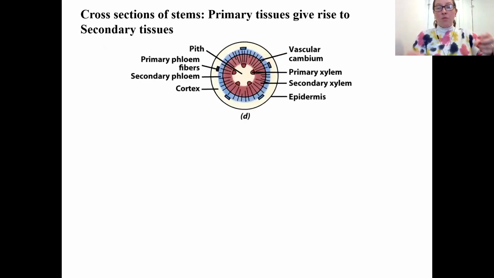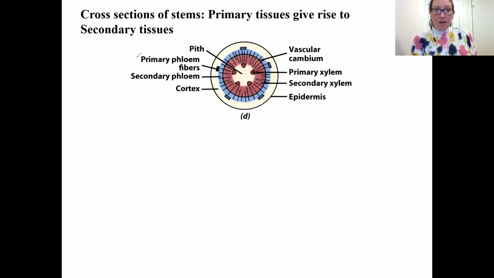Here we go. And this is going to allow the plant to get wider. So here on this D, we have a combination of primary and secondary.